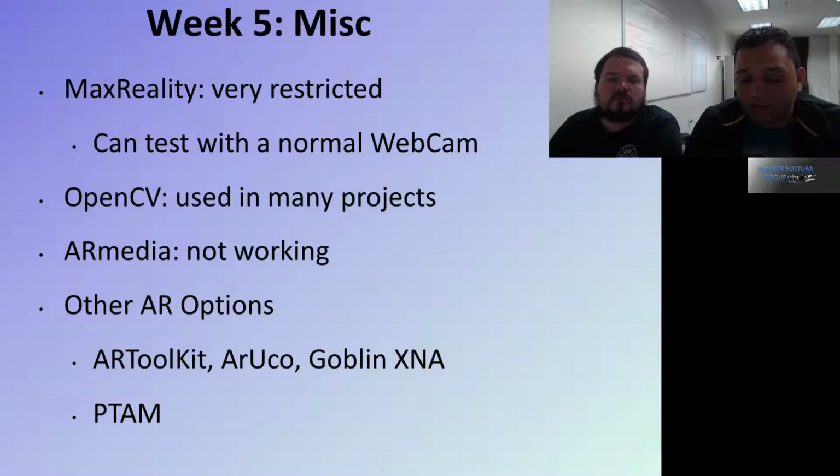With this PTAM, what they're doing is not only can you do marker recognition, but the system intelligently looks at the surroundings and then actually starts making its own markers based on what it sees. So if you're looking down at a desk like we were earlier, and PTAM sees a keyboard, not only will it recognize the markers, but it will also start making recognized coordinate points on corners of keys, on the corner of a monitor.